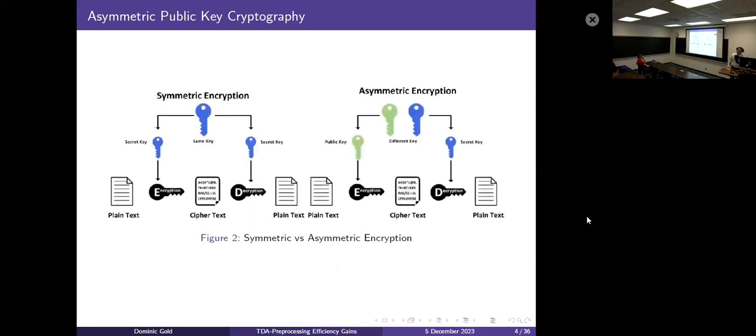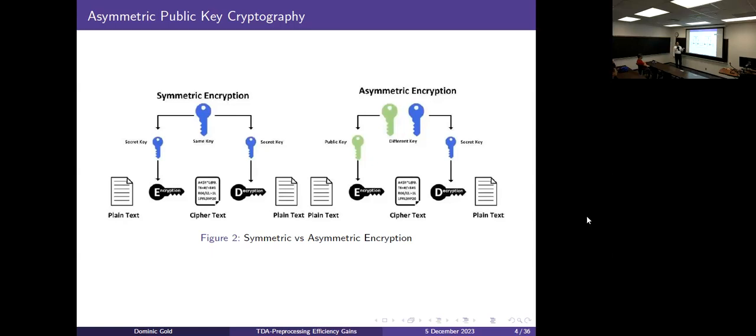Okay, great. So first, let's talk very briefly about asymmetric public key cryptography, right? In a symmetric key crypto system, we have a shared secret key that is exchanged between the two parties using some key sharing protocol, like Diffie-Hellman key exchange, for example, where both the encryption and decryption key rely on the same secret key. That's why it's symmetric. It's symmetric between the two parties.